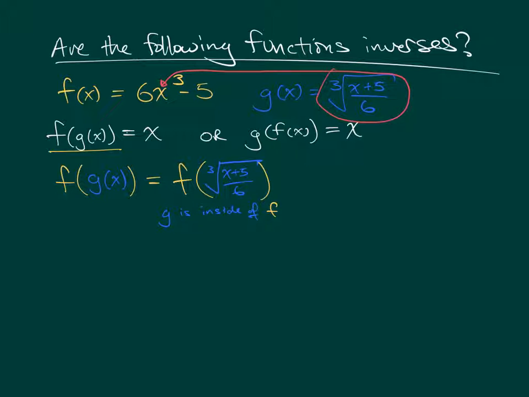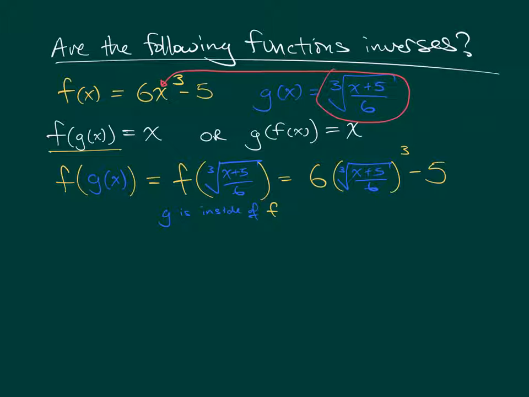So what does that look like? That ends up looking like 6 times something cubed minus 5. That something is this cube root. So we'll have the cube root of x plus 5 over 6.